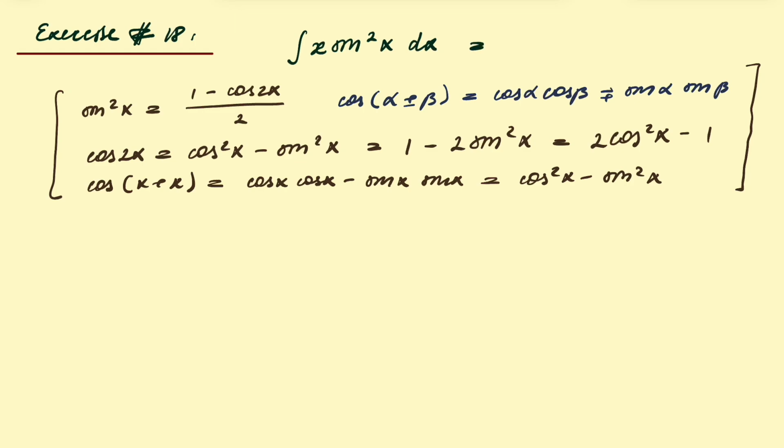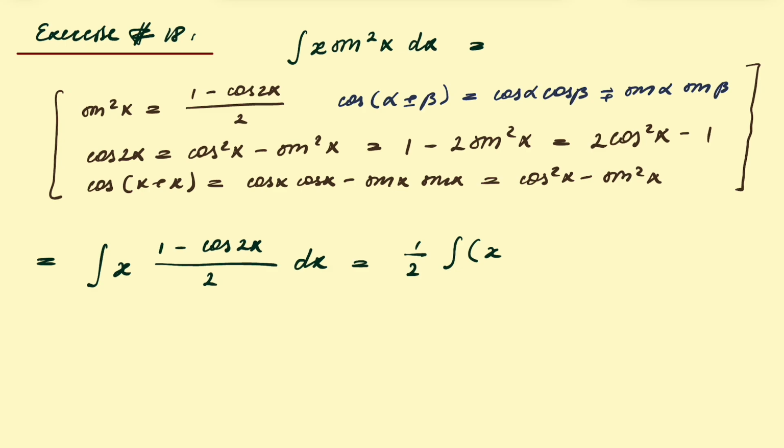We can just write this as integral of x times 1 minus cosine of 2x over 2, right, dx. Now, since 1 over 2 is a constant, we can put this out of an integral and write it as an integral of x, and meanwhile I multiplied this x with 1 minus cosine of 2x.